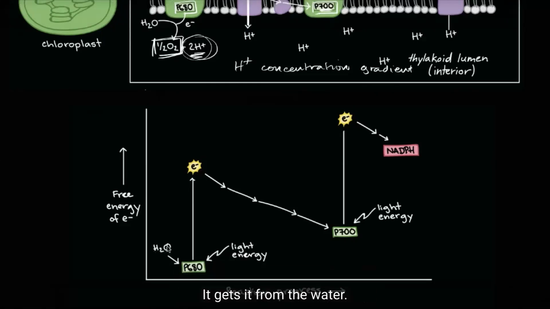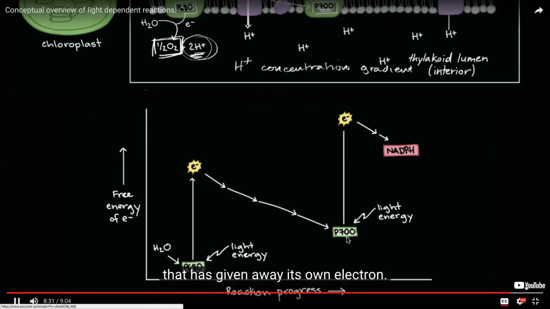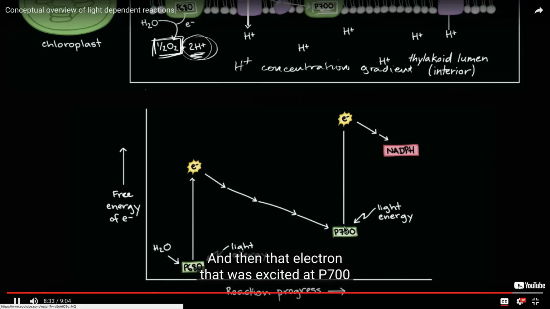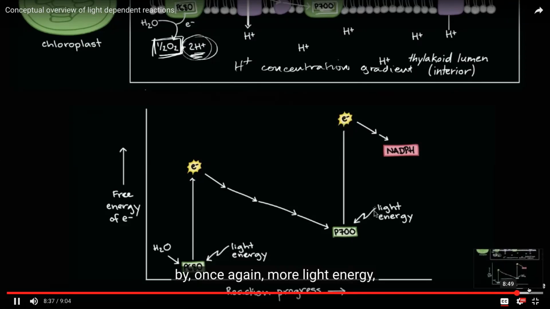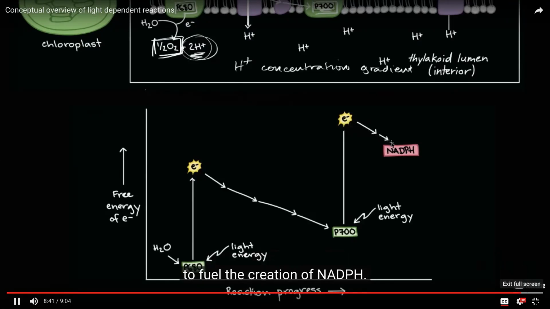It gets it from the water. And then as that electron goes to lower and lower energy states, it can eventually be grabbed by a P700 that has given away its electron. And then that electron that was excited at P700 by, once again, more light energy, can be transferred from one molecule to another to fuel the creation of NADPH.